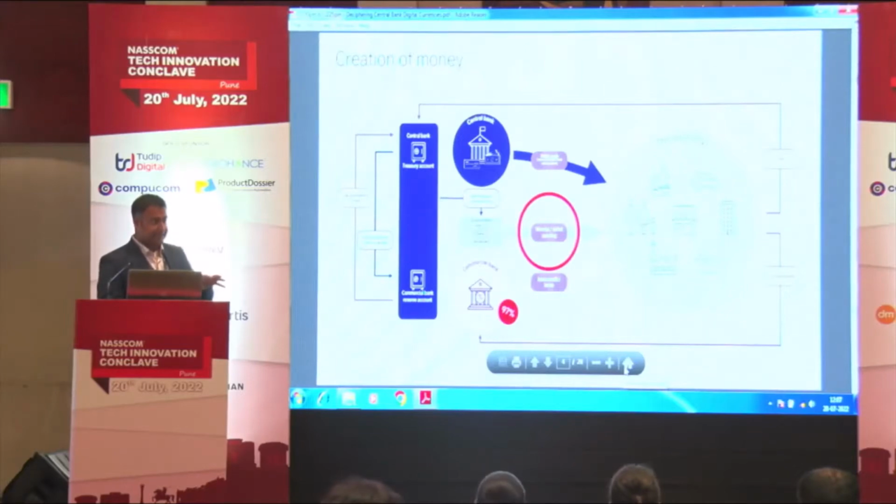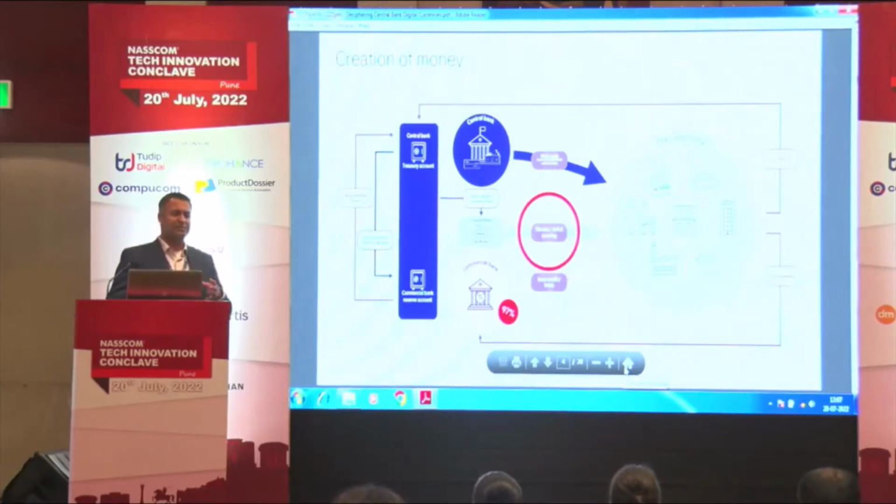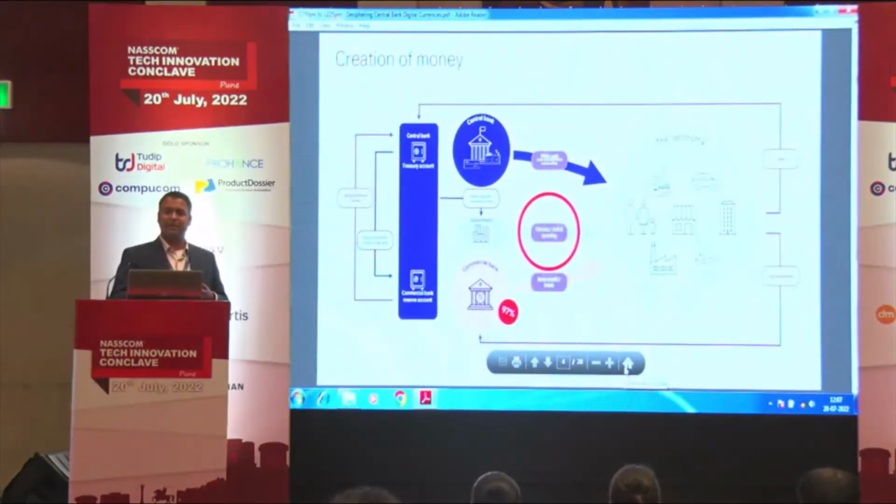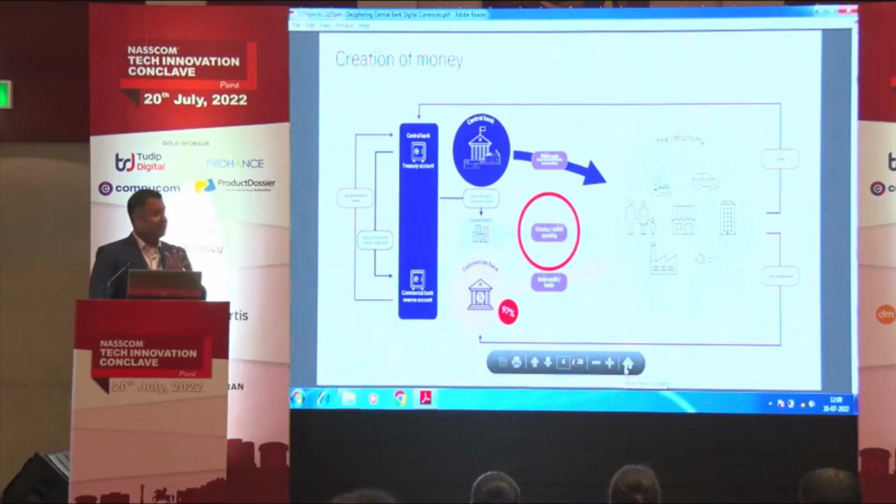But in the past few years, we've also seen governments inducing a lot of stimulus into the economy. We've seen COVID taking a hit on businesses, so governments have introduced trillions of dollars in the last couple of years to keep the economy rolling. So this is how money is created.